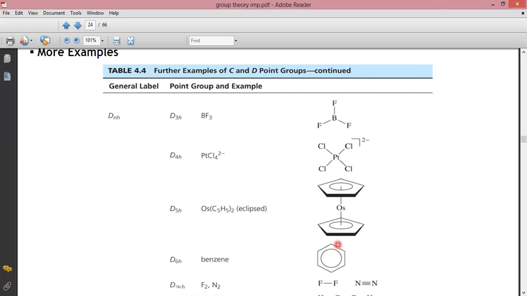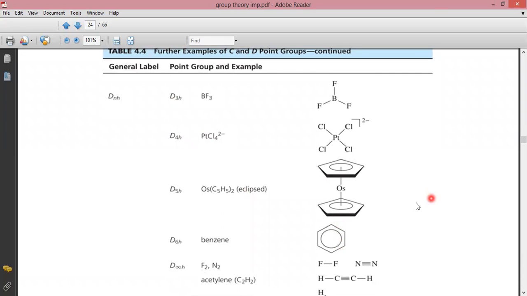Similarly, if you see the sandwich compound osmocene, the dipentadienyl in an eclipsed conformation, this also has D5H point group, because this molecule is planar. When we draw a line through the center of this circle and rotate the molecule, we find the C5 axis.